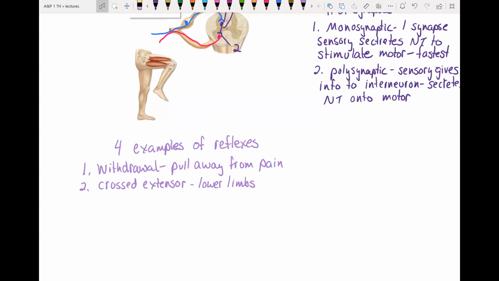In crossed extensor, he hurt this foot, so he had pain here. Because he's then doing the withdrawal reflex, pulling that foot away from the pain, this leg has a crossed extensor reflex.